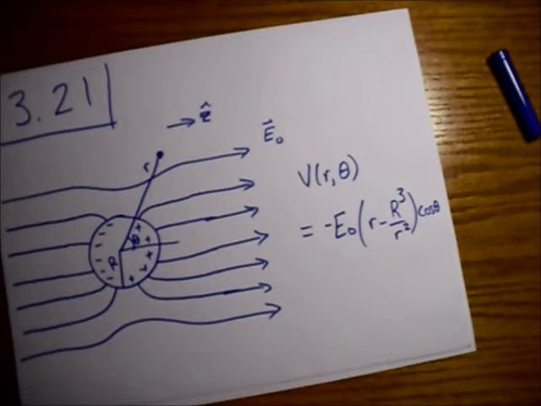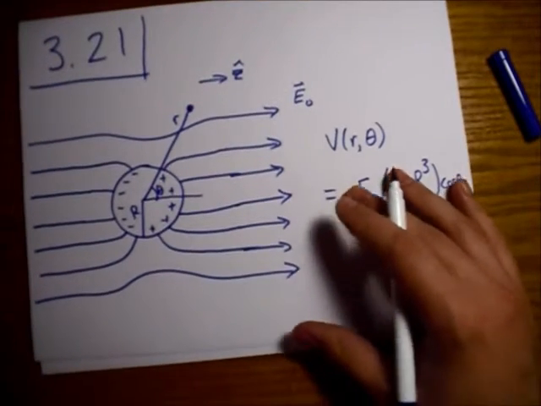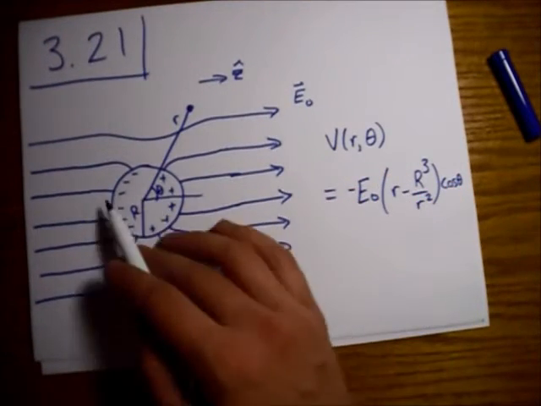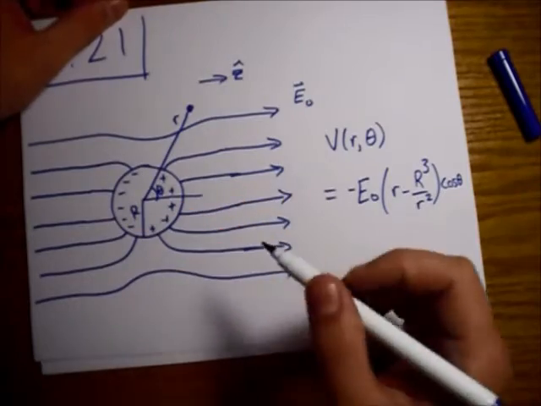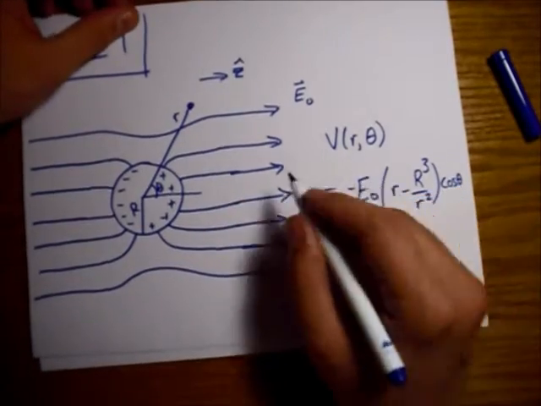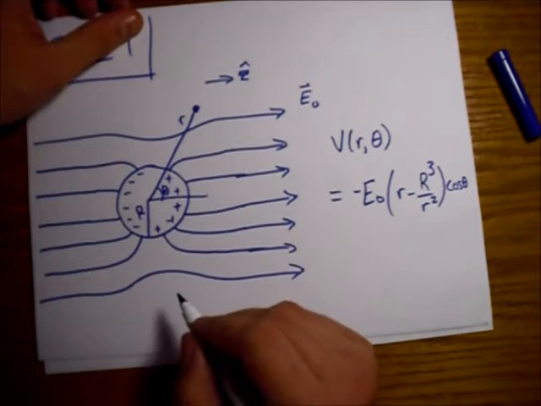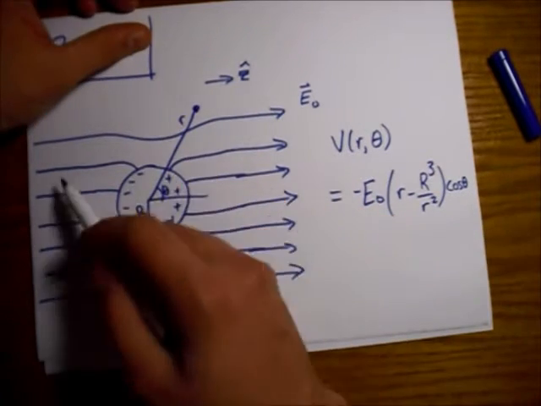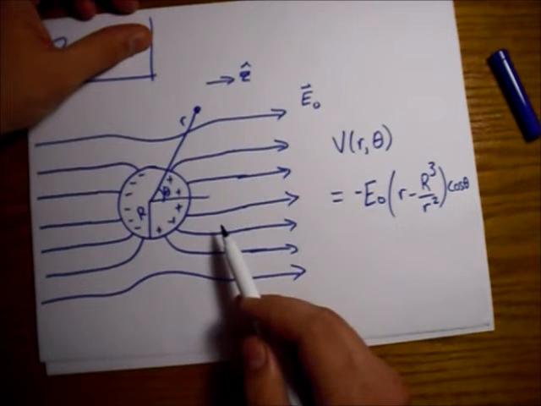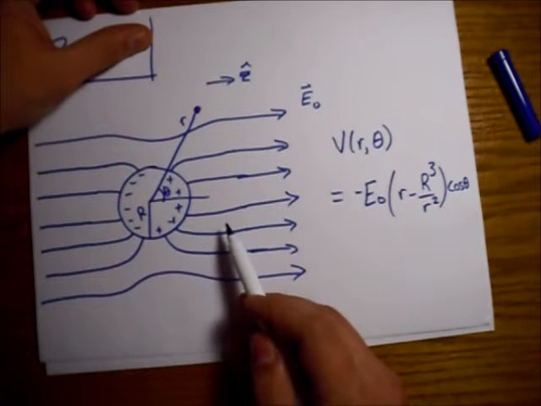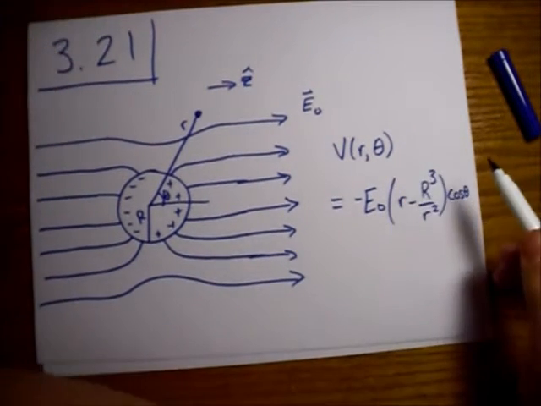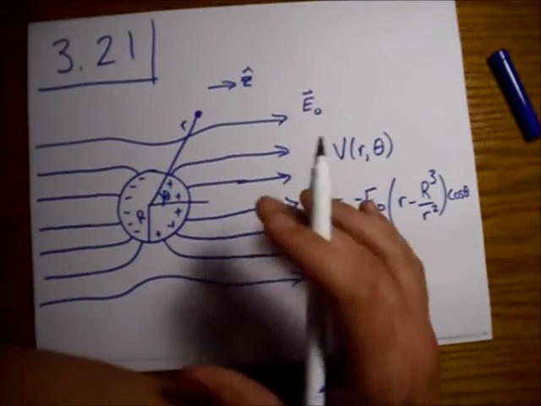Alright, so now suppose rather than a neutral sphere, we add a charge, big Q, onto it. Then what is the solution for the potential outside the sphere? And mind that we have to be very careful with where we're setting the 0 point.